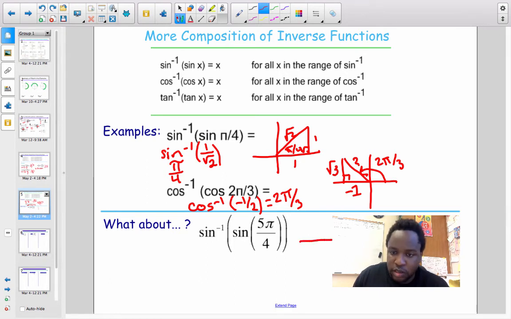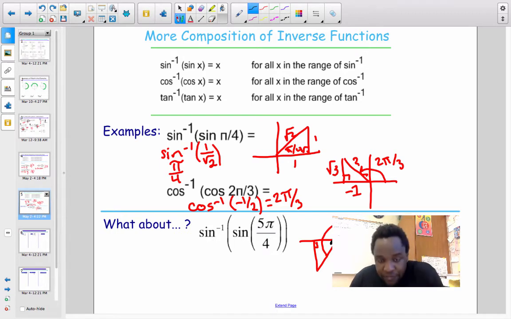So I'm going to draw my axes, and 5 pi over 4. I'm going to draw my reference triangle. So this reference angle is basically pi over 4, or like a 45-degree angle.